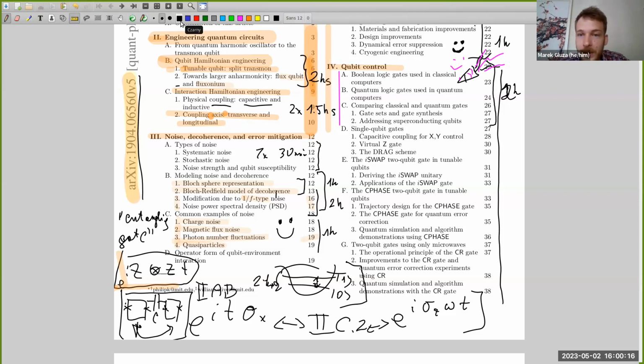Okay, so single qubit gates. That needs this kind of sections number C. But this is already quite fun. This is quite good. So single qubit gates here, capacitive coupling for XY control. So you might add an oscillator capacitively coupled to your qubit. Virtual Z gates. It's the first time I saw this here.